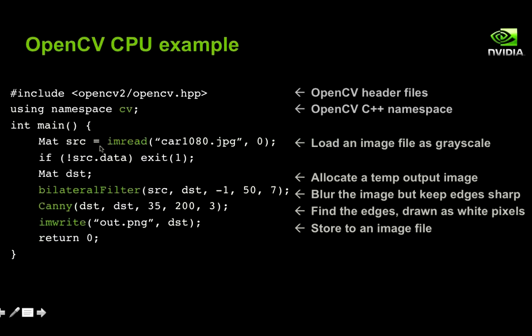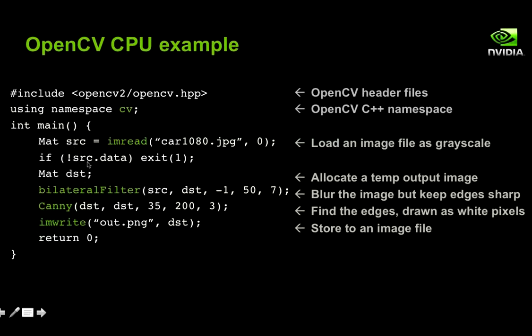The first thing that we're doing here is using the function imread, which is part of the OpenCV image processing library. Here we have a JPEG containing an image of a car, and we're reading that into an OpenCV structure, Mat. We've called this Mat variable src.